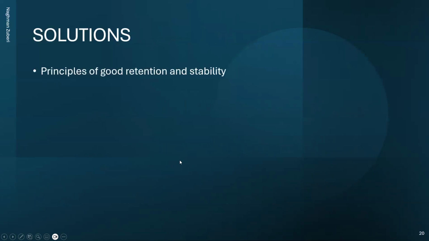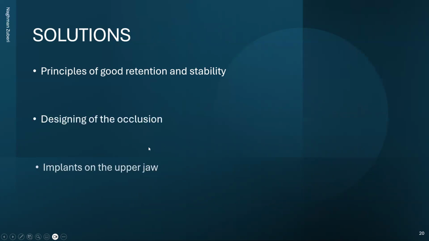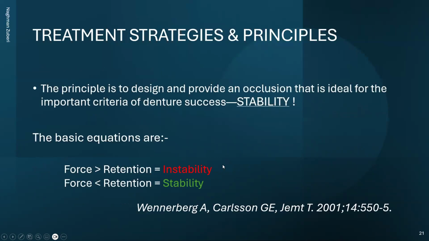The solution is to follow the principles of good retention and stability and design the occlusion properly. If possible and the patient can afford it, instead of just putting a conventional denture in the upper jaw, we can also go for implants on the upper jaw.